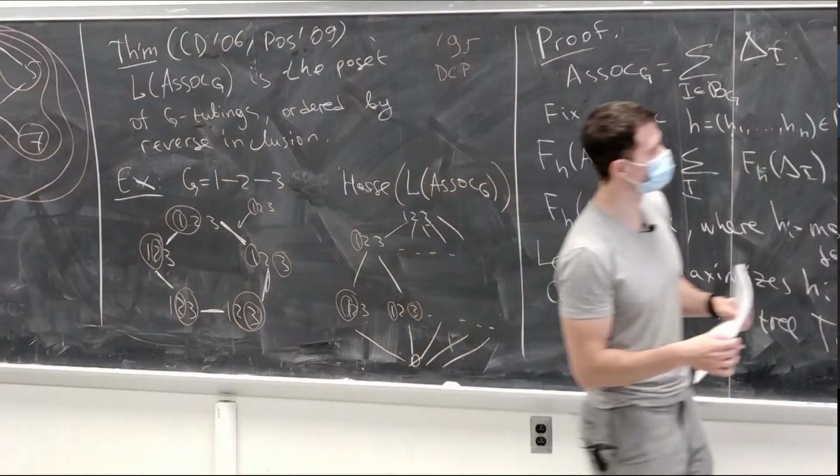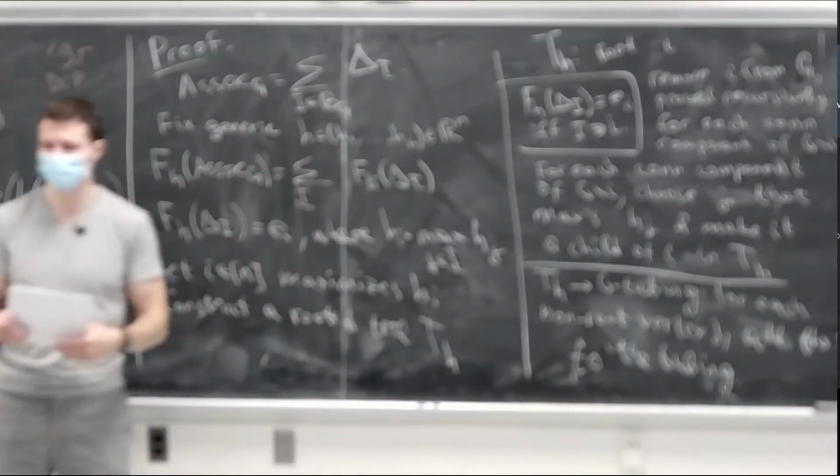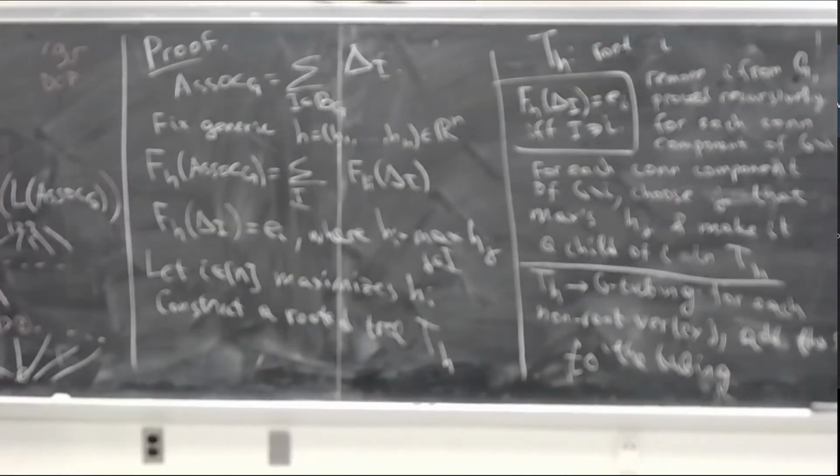You still get a tubing, but usually you do the proof for generic H, and then somehow you have to say that the same argument works for arbitrary H, but of course it's an exercise as well. Right? Any other questions?